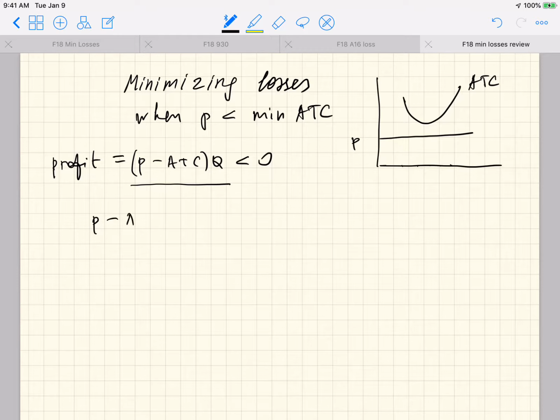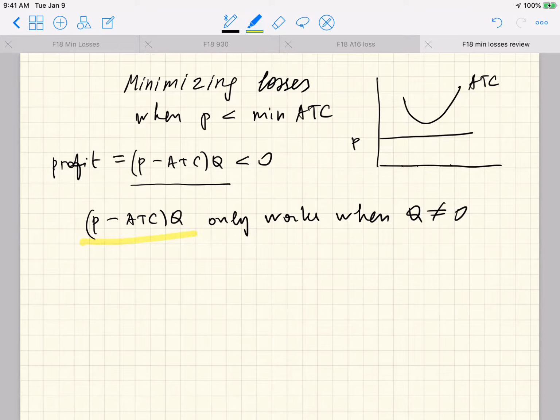So P minus ATC times Q only works when Q is not zero. Let's see what's happening when Q is zero. Looking at this formula, you will think that the whole thing will be zero, right? But it's actually not the case.